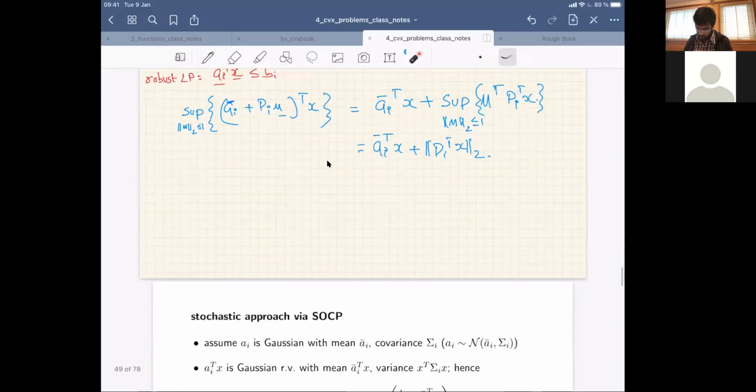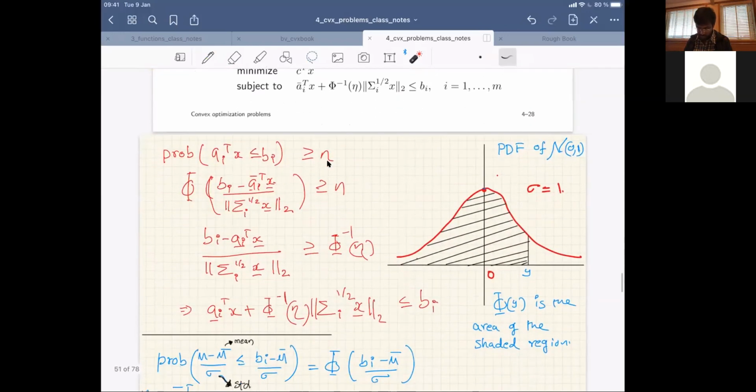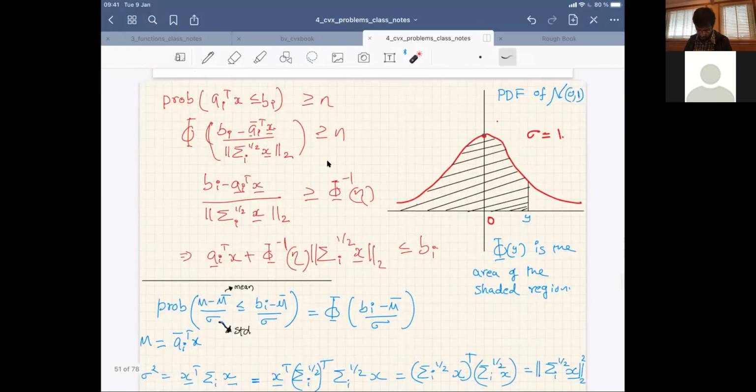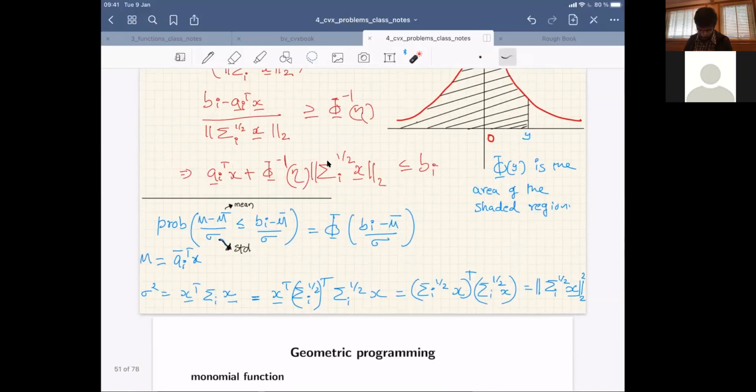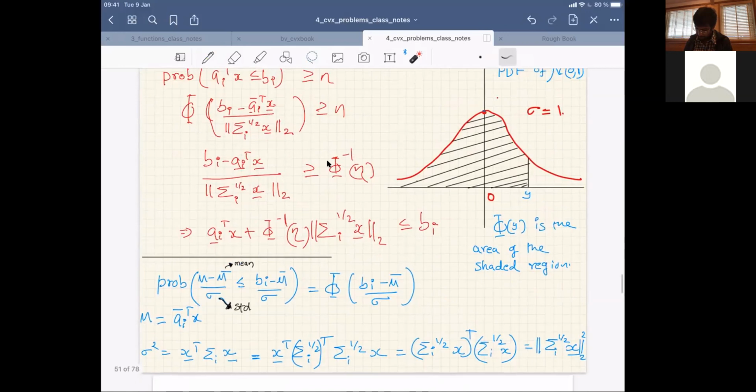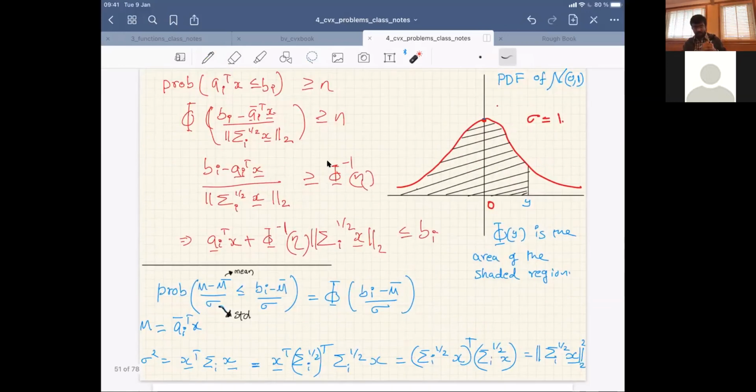So since we assume a Gaussian distribution, you know that, right? For a Gaussian distribution, for example, what I do is I make the random variable zero mean and unit variance. I am just normalizing, shifting the mean to zero and normalizing. So this is the random variable. I am shifting by the mean u bar and dividing that by the standard deviation.